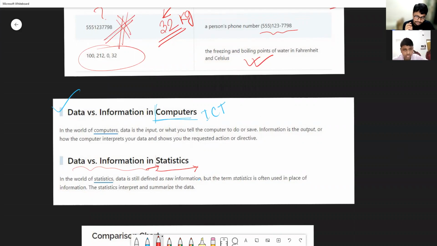Statistics means lots of information, lots of data, and how to find their average, mean, median, mode. So this information is converted in mathematics into statistics. It is part of mathematics, because you have to calculate this statistical data in mathematical form. Clear? Yeah. Okay, now the next point.